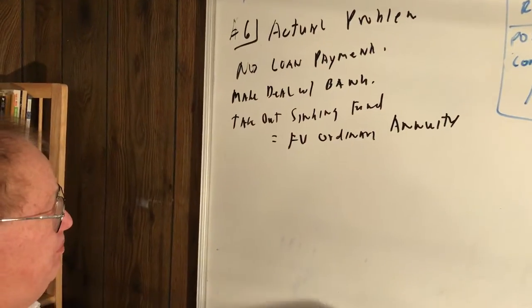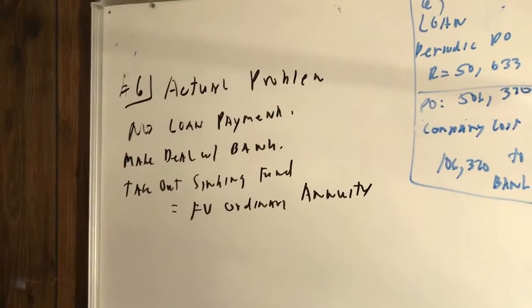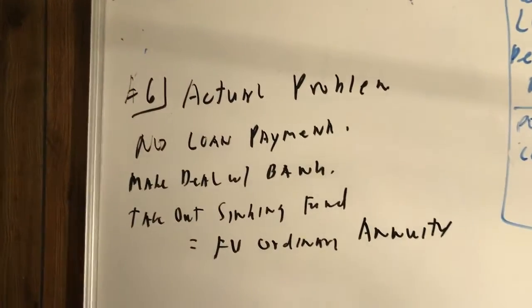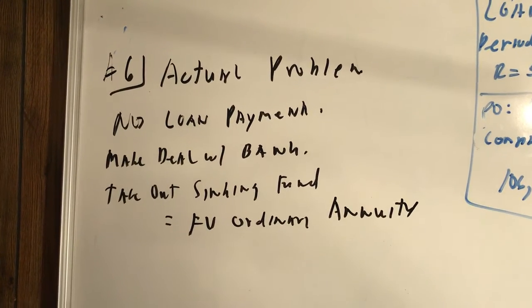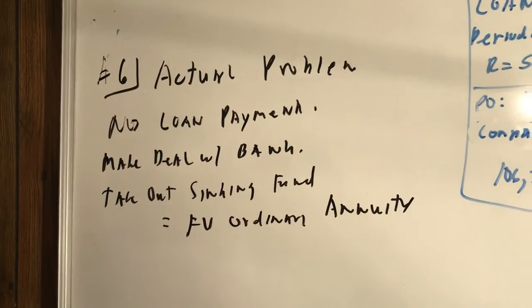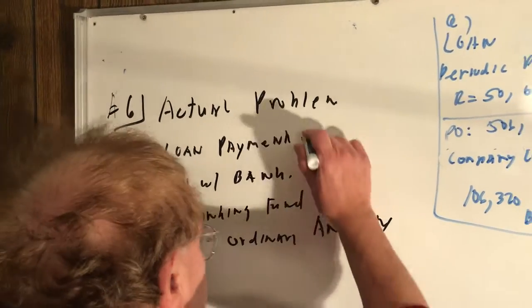Okay, now, but the company decides not to pay back the loan in periodic payments to the bank. Instead, they negotiate a loan payment of one lump sum.